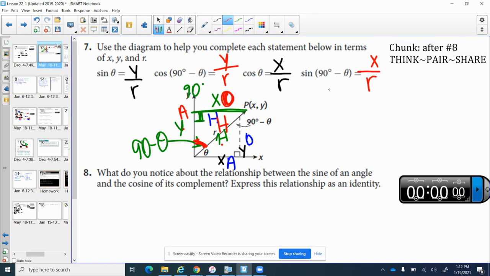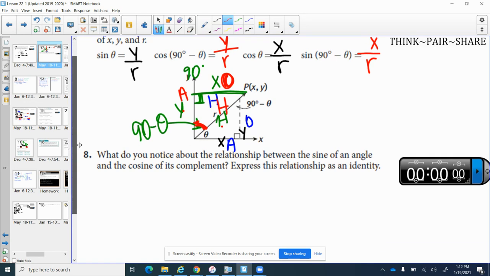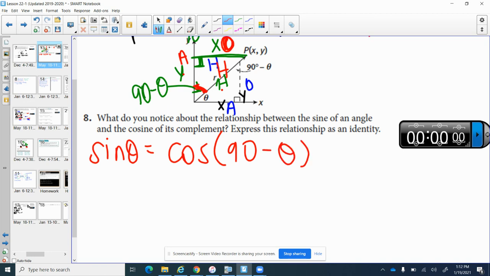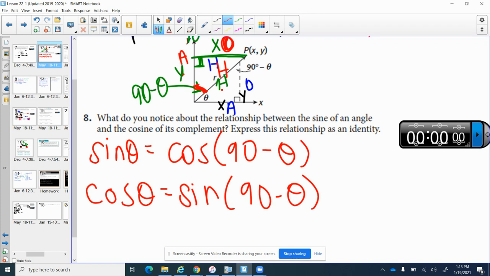So it's a very interesting cofunction that it's switched up from what it normally is for us because we're looking at the complementary angle to theta. So again, we know that sine of theta equals cosine of 90 minus theta, and cosine theta is equal to sine of 90 minus theta.